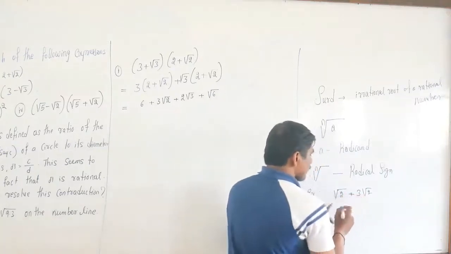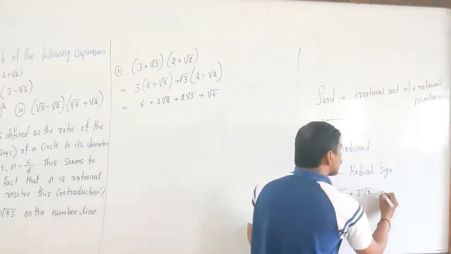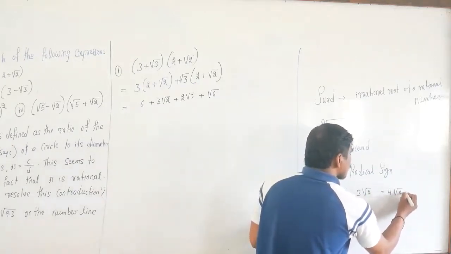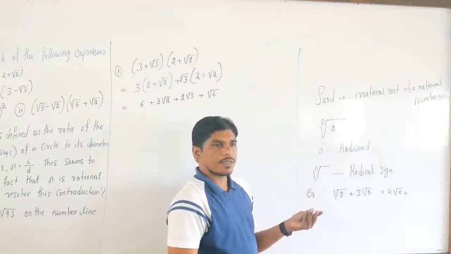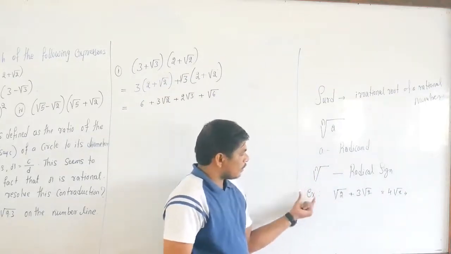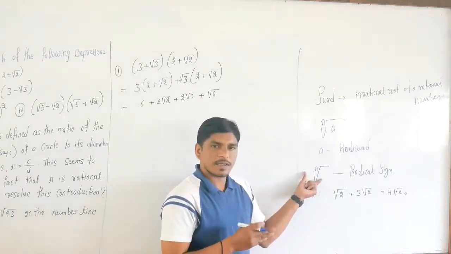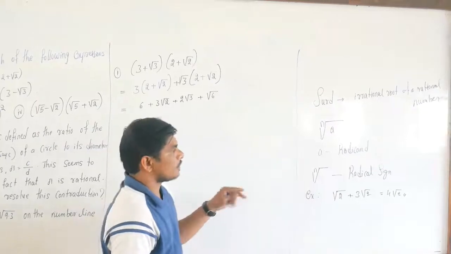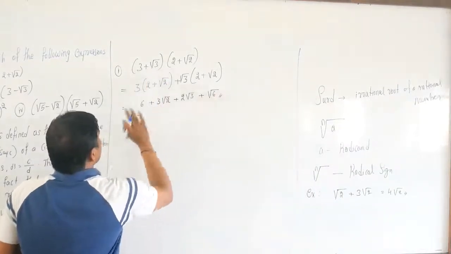The coefficients are 1 and 3, 1 plus 3 is equal to 4, so 4 root 2. Now this is the procedure of addition of surds. Multiplication means both radicands are different and both orders are same. This is the procedure of multiplication of surds. And this is the answer of the first question.